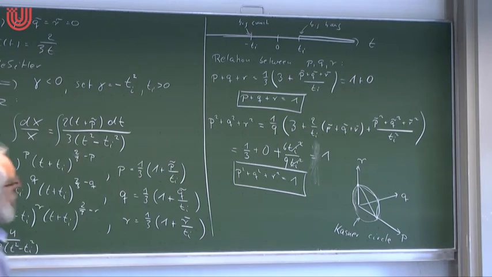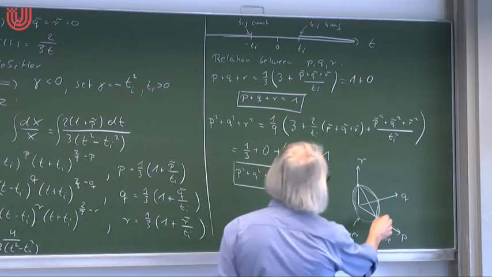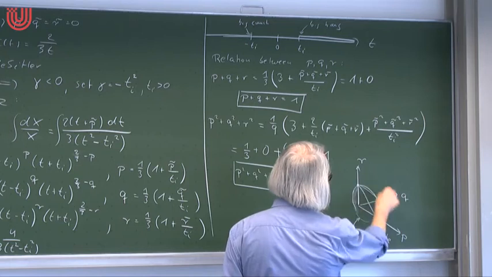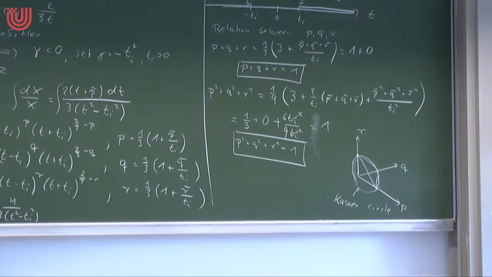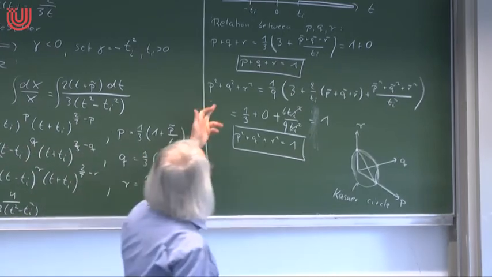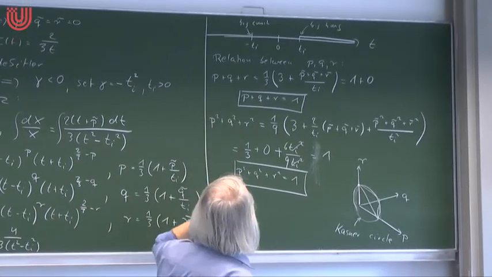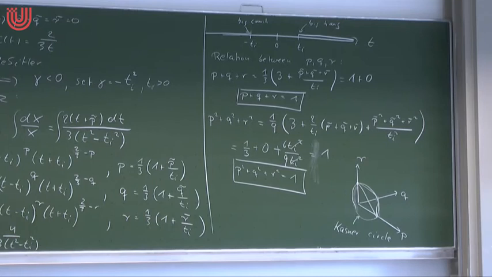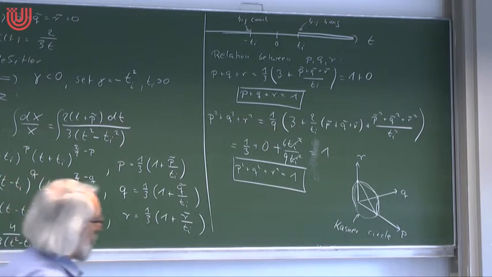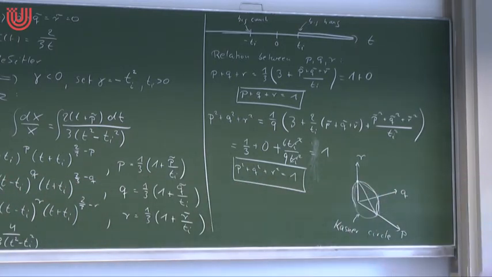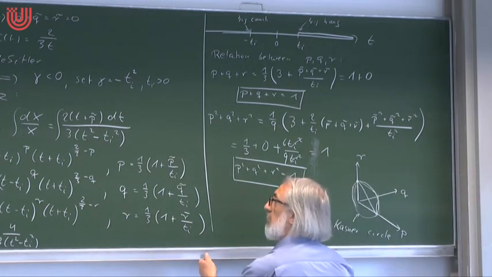And yeah, the parameter is the parameter which runs around on this circle. And we know already what kind of solutions these two equations have. We have discussed last time the four possibilities: all three equal to 0, 2 equal to 0, 1 equal to 0, and all three different from 0. And some of the cases were possible, some were not. And we just have to recall these results now.